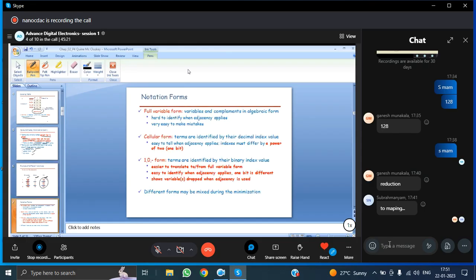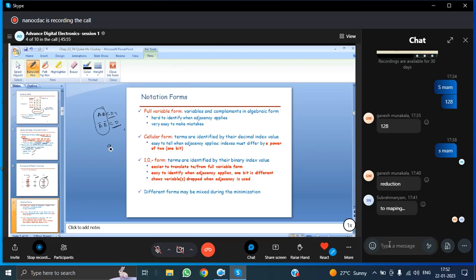Okay. Full variable form has variables and complements in algebraic form. The drawback of full variable form is that it is hard to find adjacency. Now see, A B C D, A bar B bar C bar D. Here it is difficult to find the adjacency. There is a variation in AB but CD are the same. In cellular form, terms are identified by decimal index.